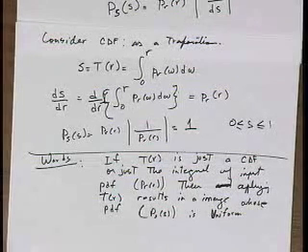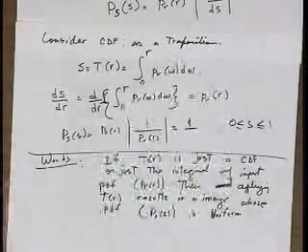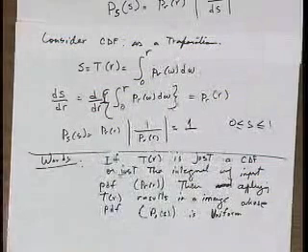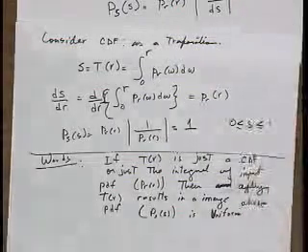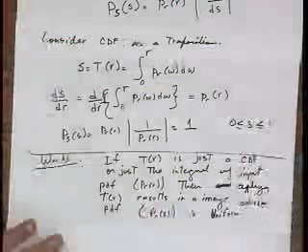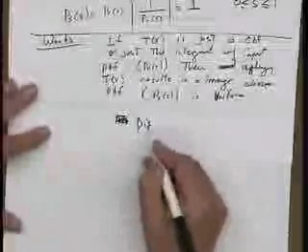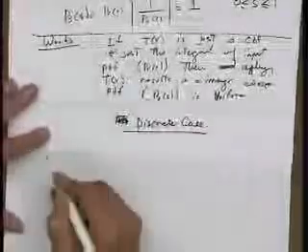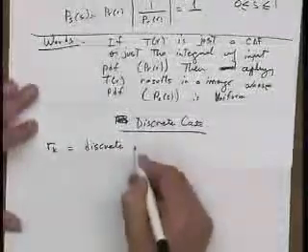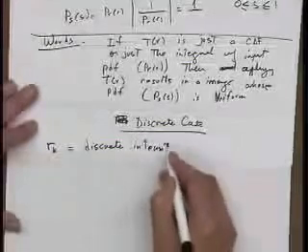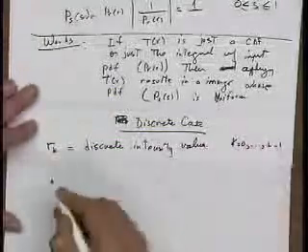Now the next thing I wanted, so this is all good for continuous, and in case you're terribly worried that it doesn't work because pixels have discretized amplitude, let's briefly extend that to the discrete case so your mind is at peace. So now consider the discrete case. Now we have r sub k, the discrete intensity values, for k ranging from 0 all the way to L minus 1.